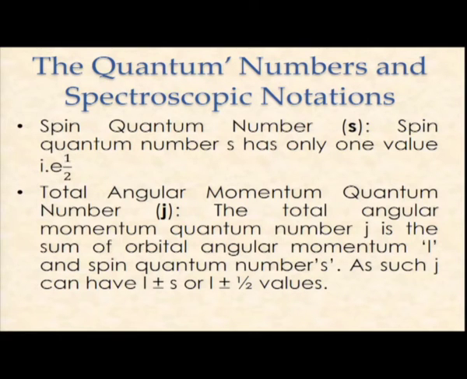The total angular momentum quantum number j is the sum of the orbital angular momentum l and the spin quantum number s. As such, j can have the value l plus or minus s, or l plus or minus half, because s can have only the value half.